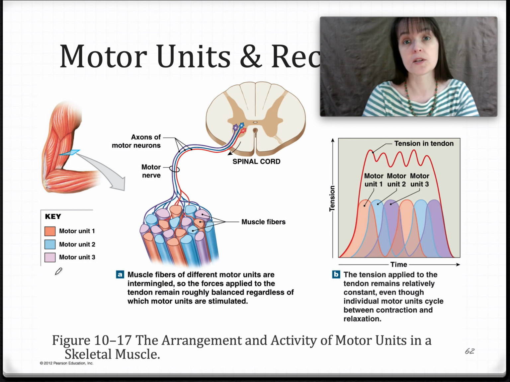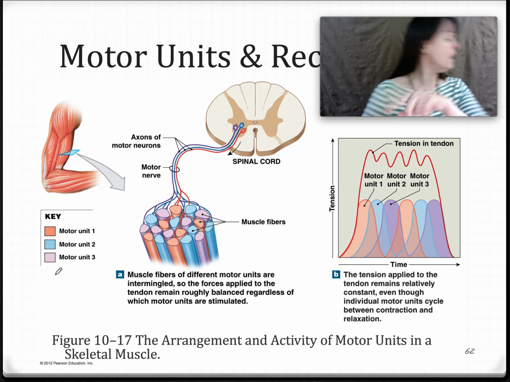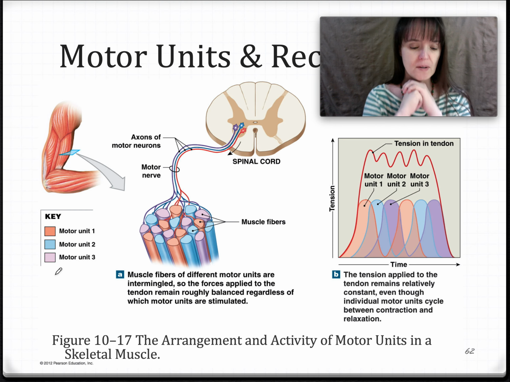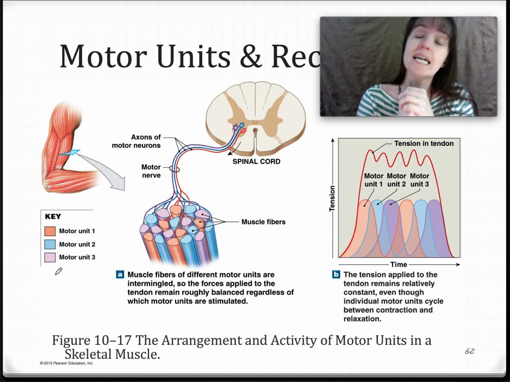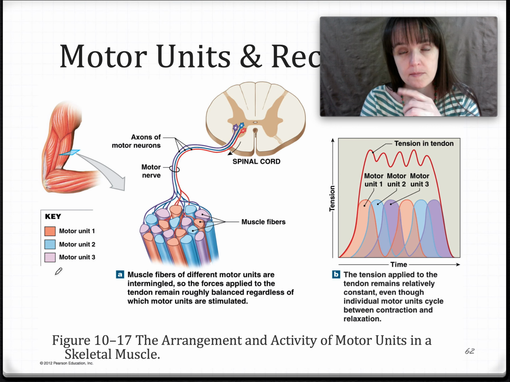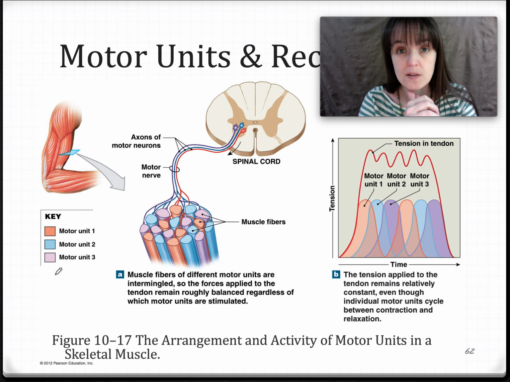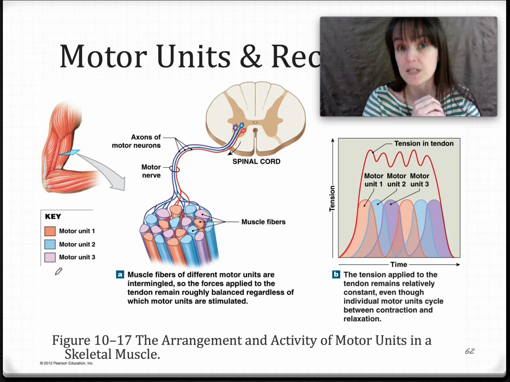We talked about neuromuscular junctions, and we said that each motor neuron has one neuromuscular junction with each skeletal muscle cell, but that while each skeletal muscle cell only has one neuromuscular junction, each motor neuron can control a number of skeletal muscle cells at the same time.